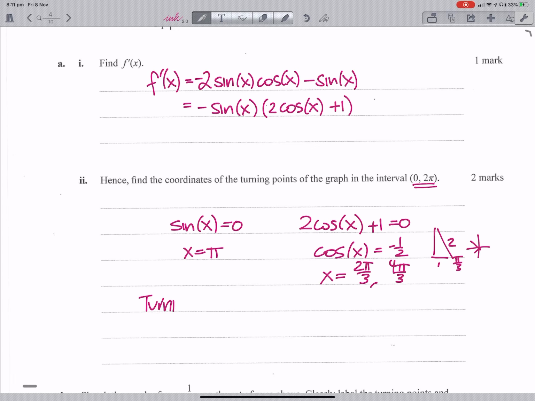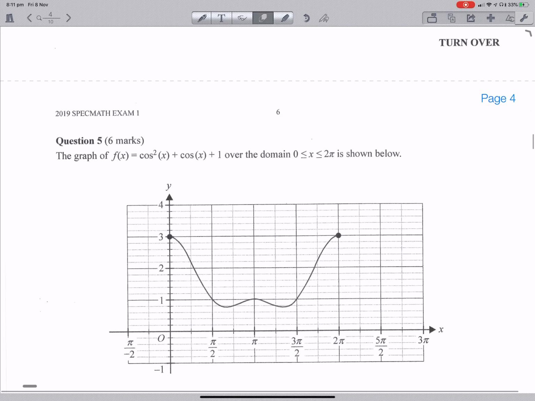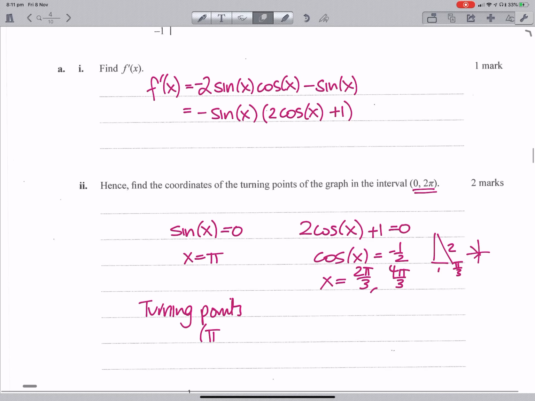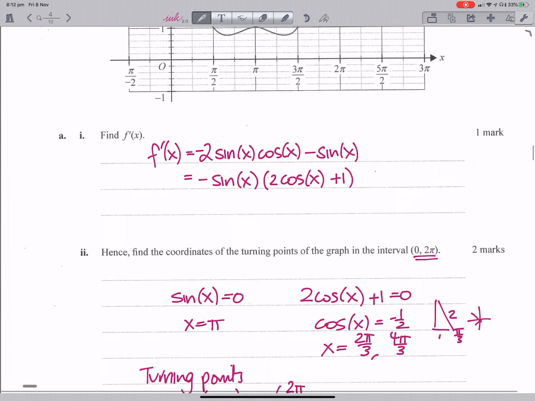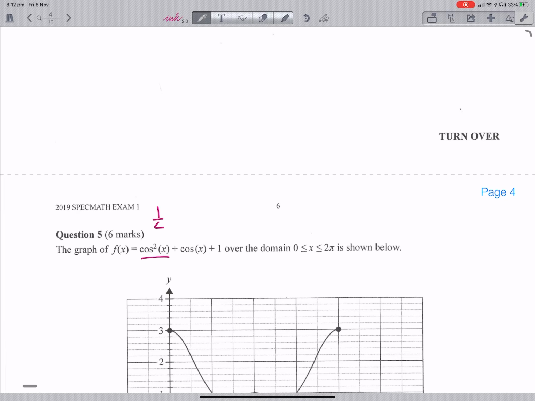Turning points. So we've got pi, we put pi back into the original. Cos of pi is negative 1, squared is 1. Then I get negative 1, plus 1, which is 1. We have 2 pi on 3. Cos of 2 pi on 3 is negative a half, squared, which is a quarter.